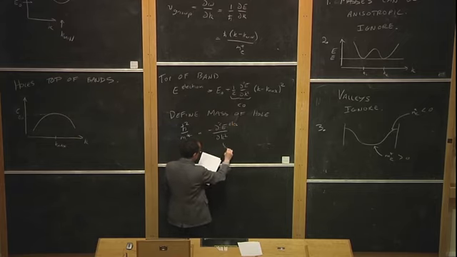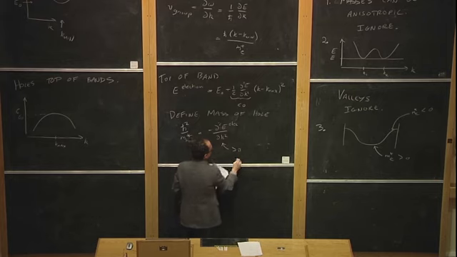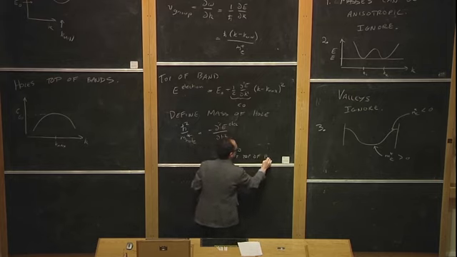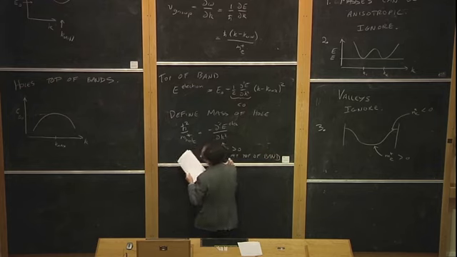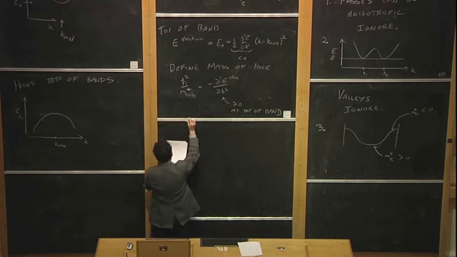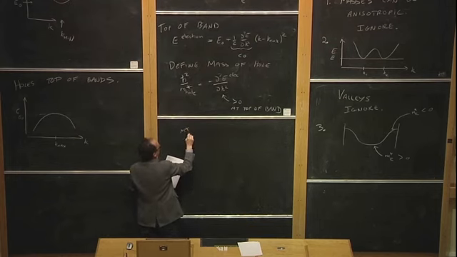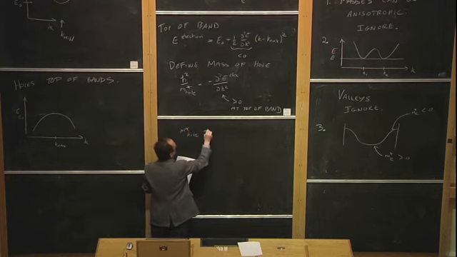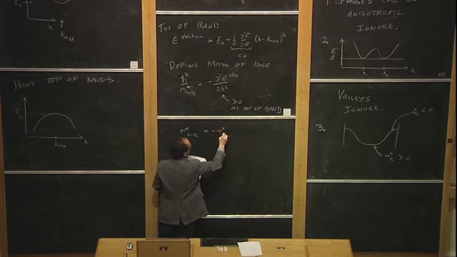So this thing here is greater than 0 at top of band. And you will notice from comparing this definition to the above definition that the m star of the hole is actually equal to minus m star of the electron.